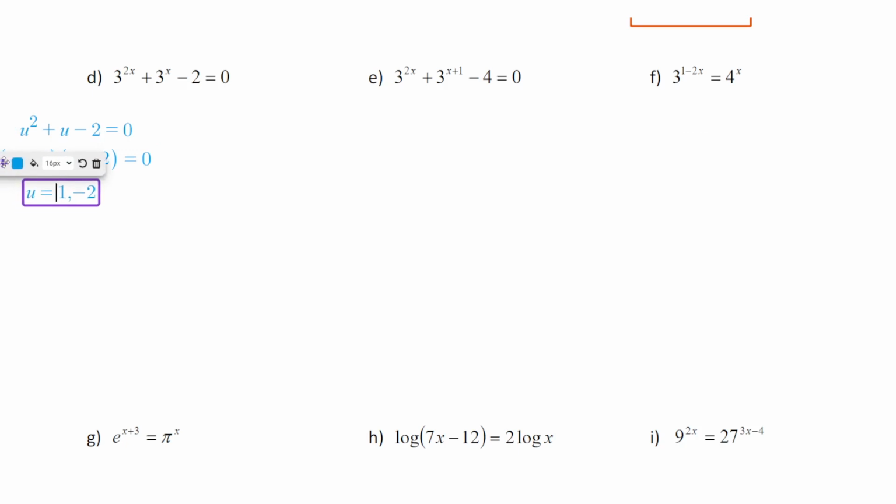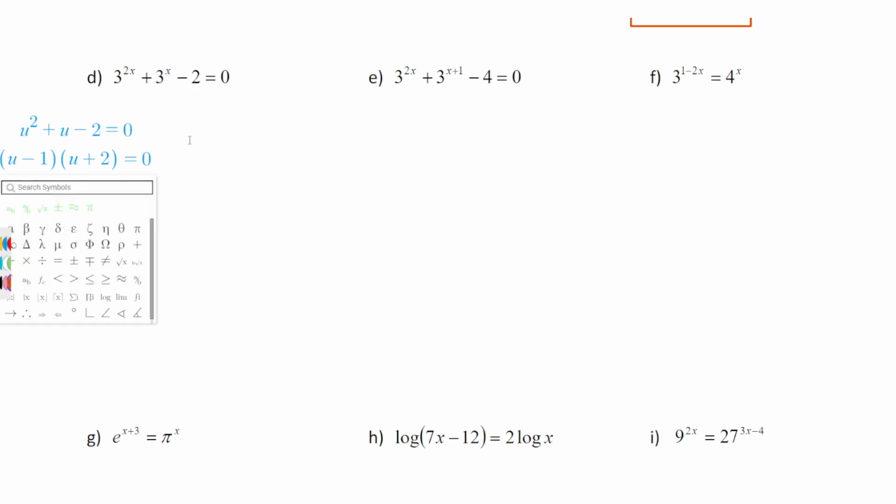Okay, so this is a similar problem here. It's just instead of u, we've got 3 to the x. So maybe I can rewrite this just so you can see how it actually is that. The 2x, if that's throwing you off, that's just because when you raise a power to a power, you multiply your powers. So just to show you what's really happening here: 3 to the x squared plus 3 to the x minus 2.